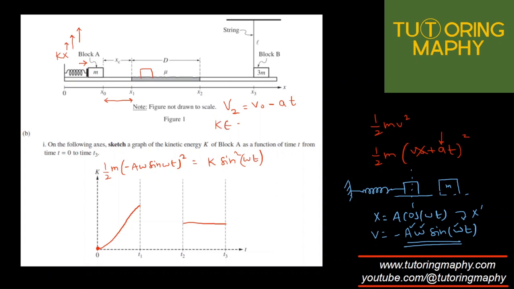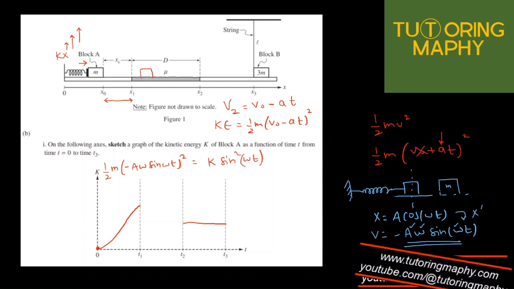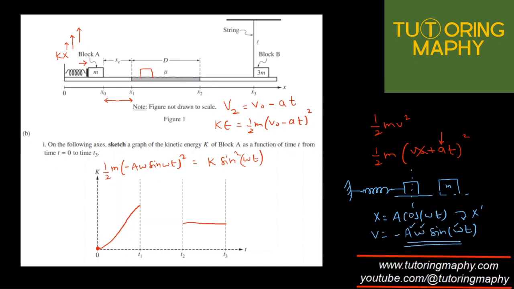So the kinetic energy is going to be half m v2 square, where v2 is v naught minus at whole square. What is this? This is a parabola, right? If you're confused about this scenario, try to think about it in a simple way.